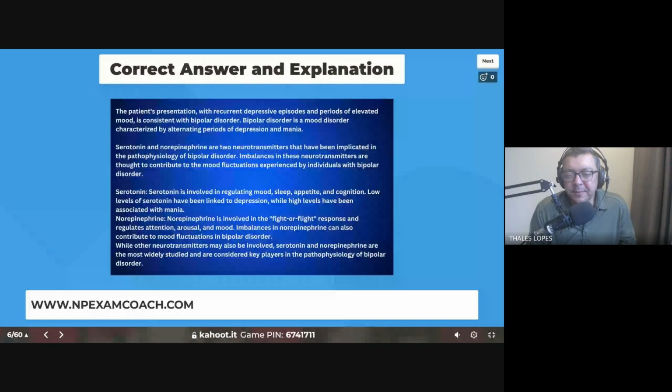Serotonin, very important. Appetite, and a little bit of cognition, not that much. Low levels of serotonin have been linked to depression, while high levels have been associated with mania.